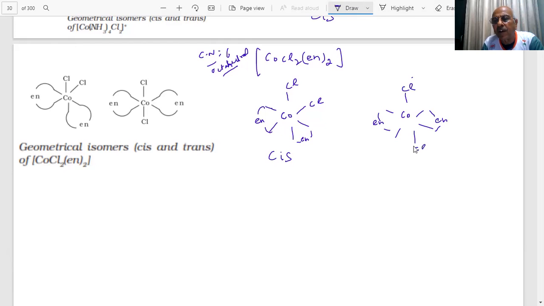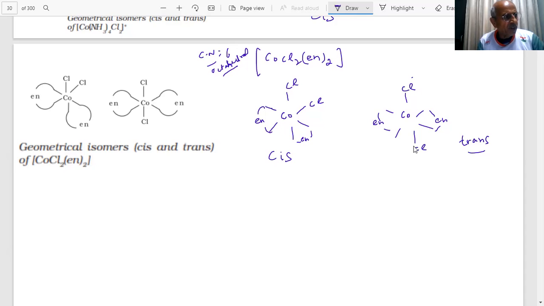Cl and Cl. You can see this is a trans isomer. Trans: opposite groups are across each other. Cis: identical groups are on the same side. That is the definition I told you about cis and trans. So whenever we want to draw cis and trans, students, in such cases, we will draw like this. Any doubt?